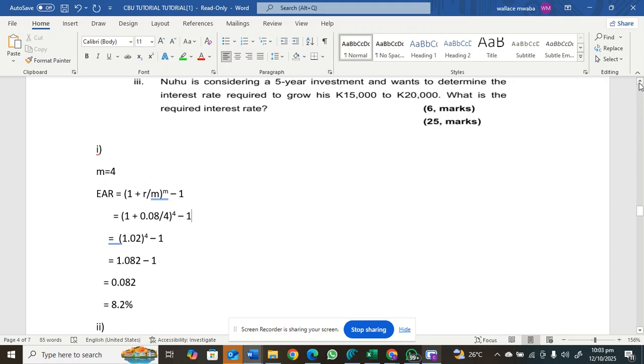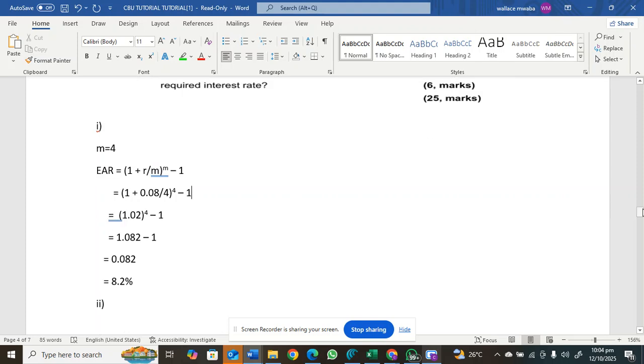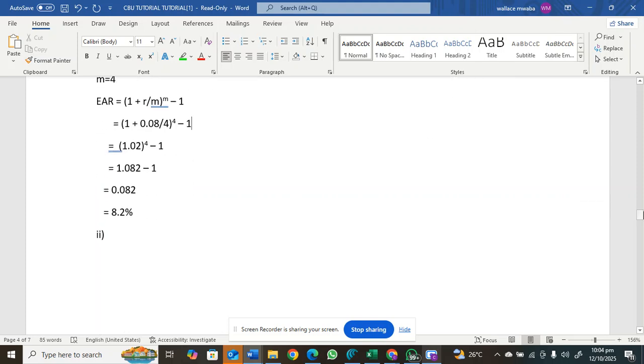Okay, part 2. If Nuhu wants his 10,000 investment to double at an 8% annual interest rate, how many years will it take for the investment to reach 20,000? So here we're trying to find the time, how long the investment is going to take.